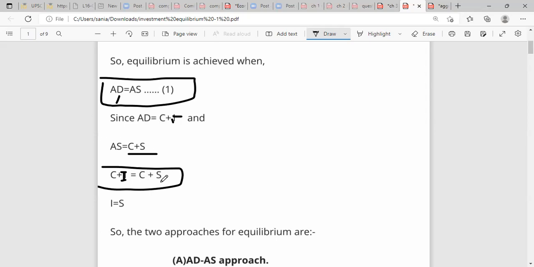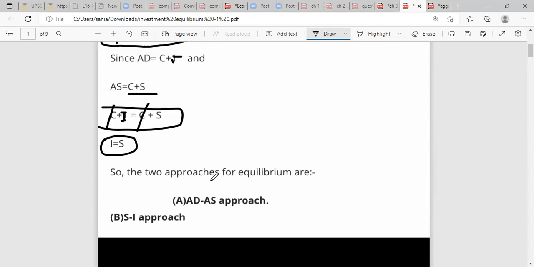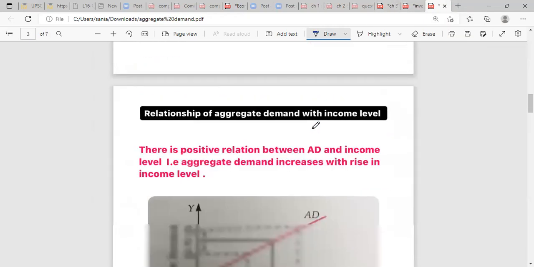It is C plus S. Over here it's a typing error. So AD is C plus I, and AS is C plus S. C and C will cancel, and I equals S. So when we have to find equilibrium, we have two approaches, very important: one is the AD and AS approach, and one is the S and I approach. We already discussed this, I think, in the aggregate chapter.